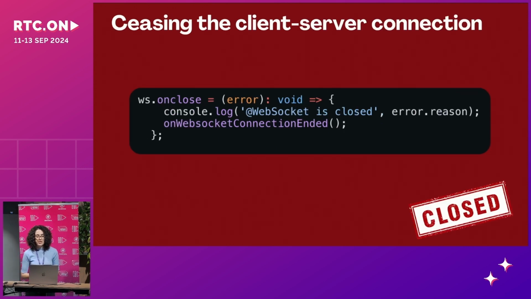And the last part is the termination itself, which is happening with the onClose function. Here we are debugging the reason for the closed connection, and we are deallocating the resources with onWebSocket connection ended function.